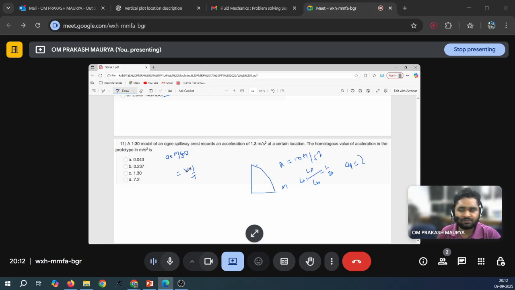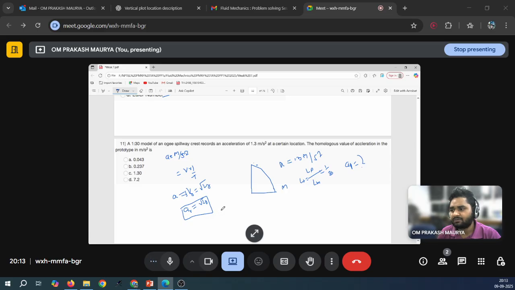So what is your velocity ratio? Velocity is related with your length ratio, root LR. Your acceleration is a function of velocity, and velocity is related with root LR. When you convert your acceleration in terms of length parameter, you will get LR. The meaning of this is AR is equal to LR.